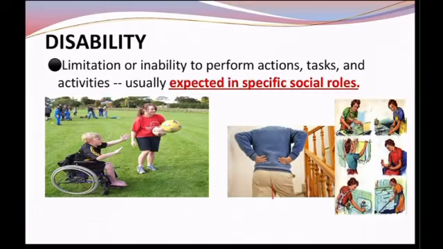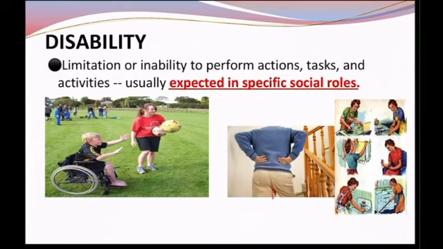Next is disability. When you say disability, this is the limitation or inability to perform actions, tasks, and activities that are usually expected in specific social roles. So what are your roles? Some of your roles are, you are a daughter, a son, you are a student in high school.